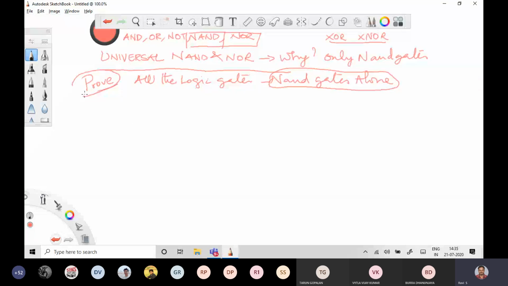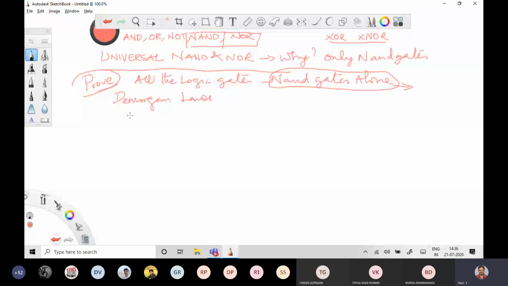So first, to understand this topic, NAND implementation or universal logic gates, NAND and NOR, we need to know two important rules before going for the derivation and the proof. The rules are nothing but De Morgan's laws.